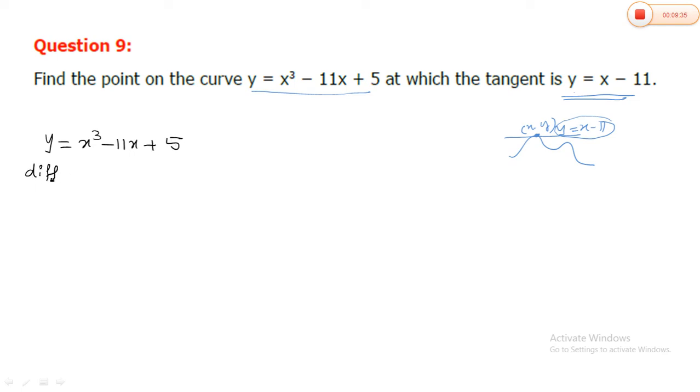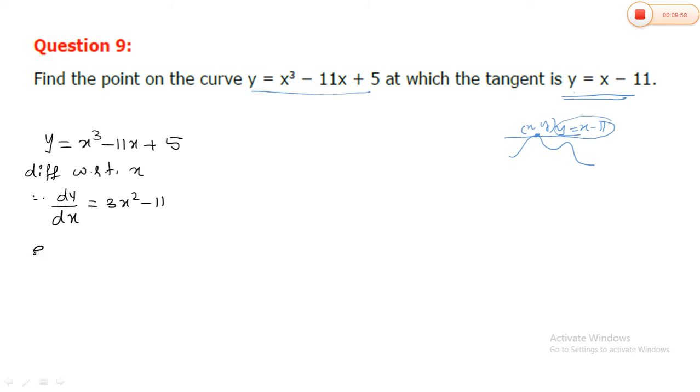Differentiate with respect to x. Therefore dy by dx equals 3x square minus 11.